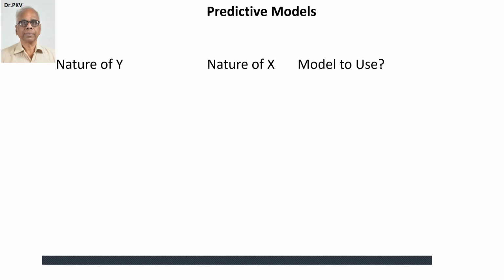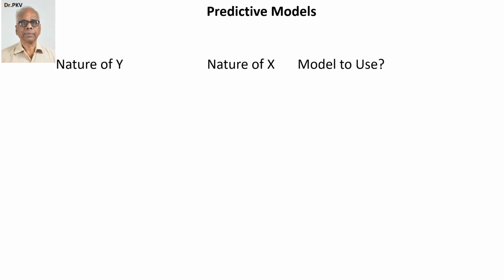When we talk about predictive models, we need to understand the nature of y, which we call the dependent variable, which is a function of a set of predictor variables or features x. So y is the dependent variable. X is a set of predictor variables or features.